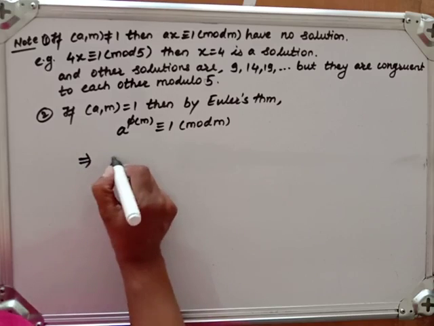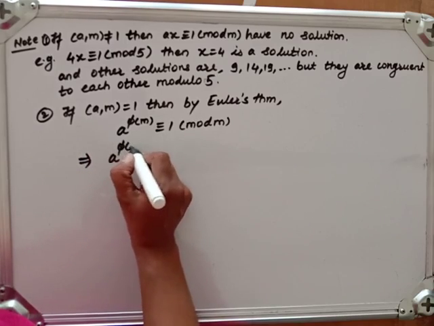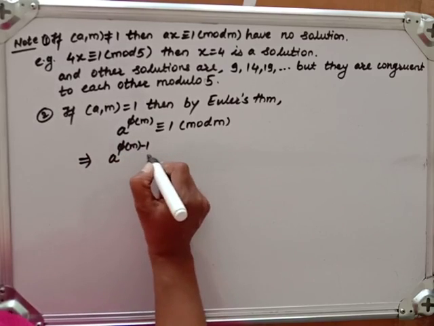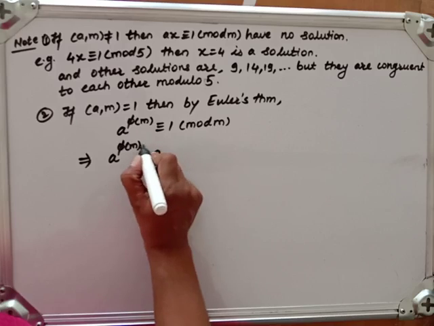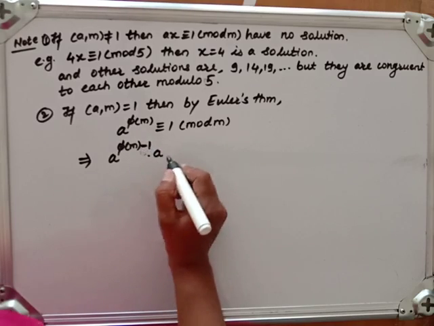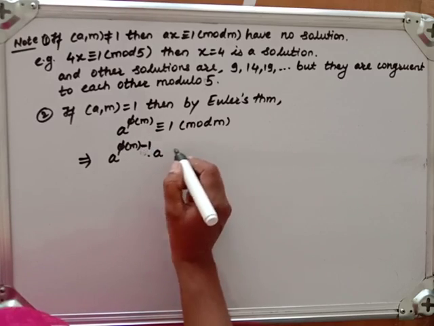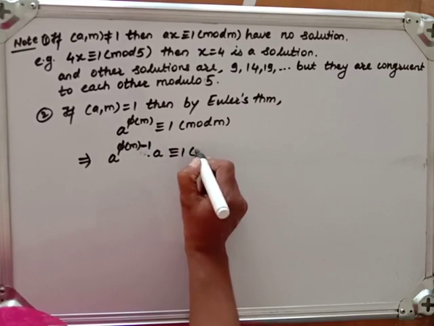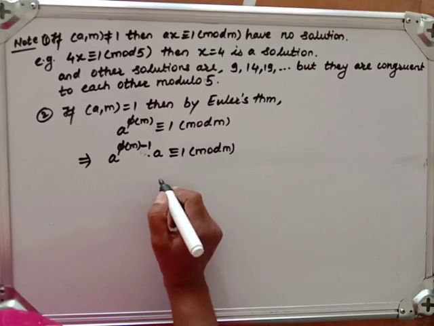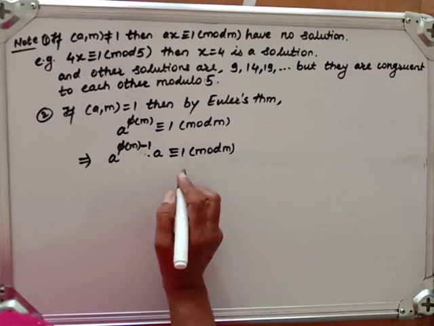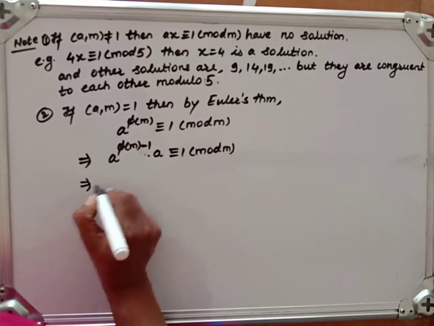Now this can be written as A raised to phi of m minus 1 into A congruent to 1 modulo m. Now what does this say?